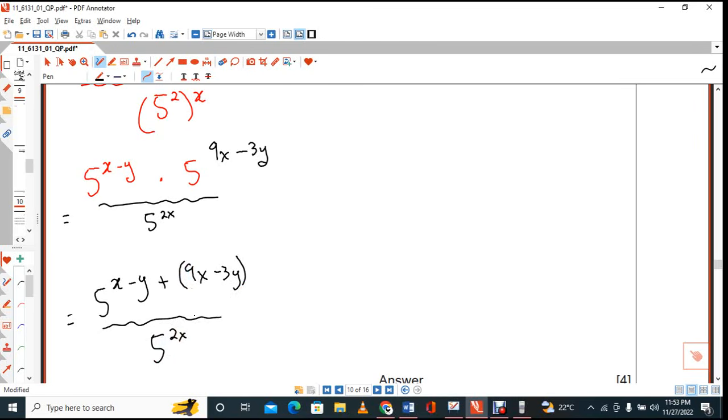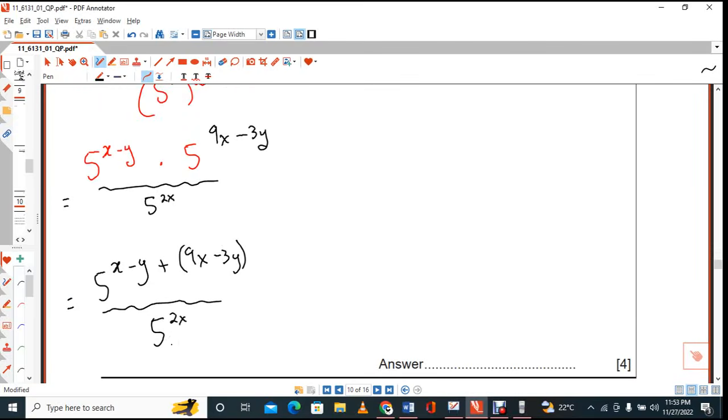So if you add on top there, you'd realize that you're going to get 5 raised to the power of 10x. That is the x plus 9x. And then you have minus 3y plus minus y, that gives you minus 4y.